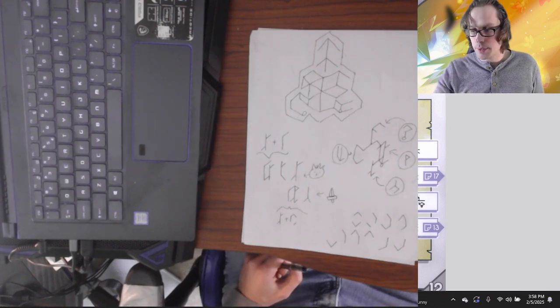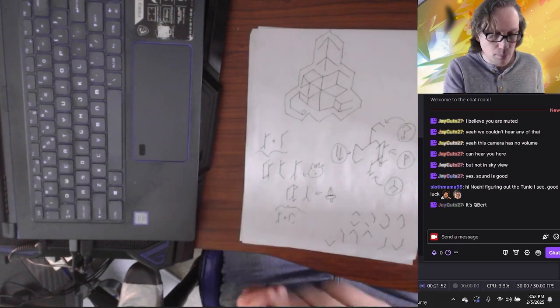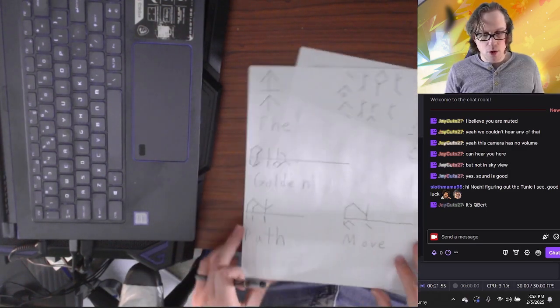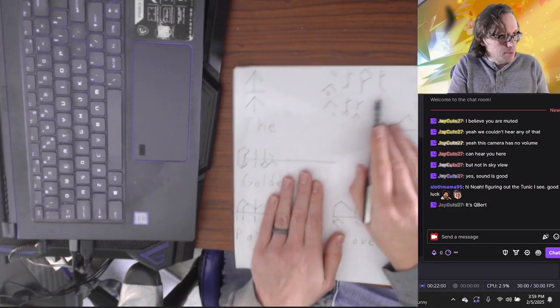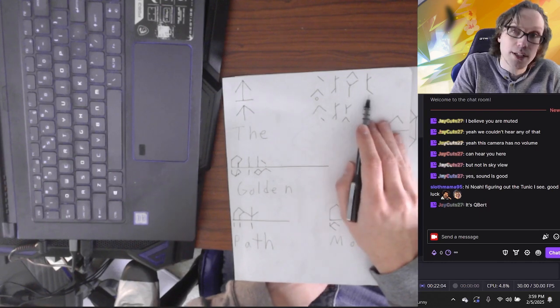Because there's another drawing we got to talk about. There is a very interesting thing where you see this written out. This is something that our Fox character is thinking. Don't know what it says.